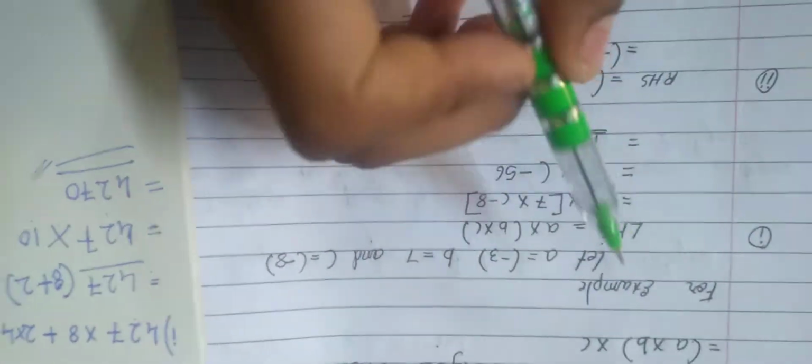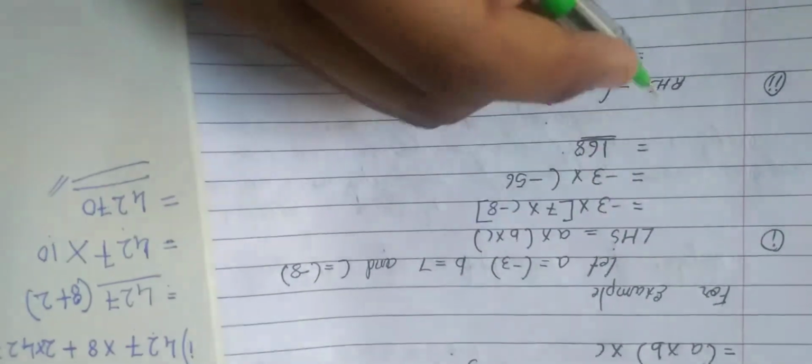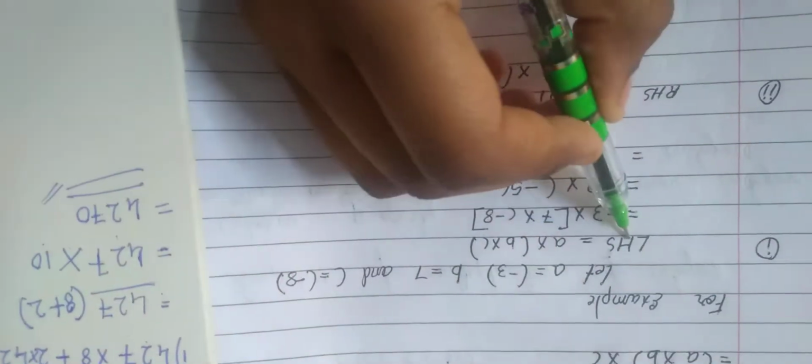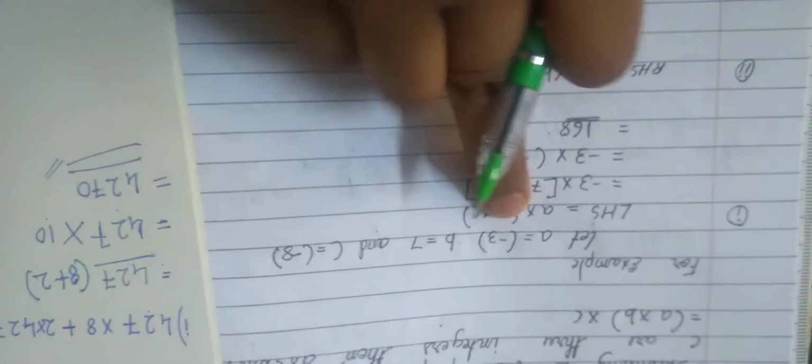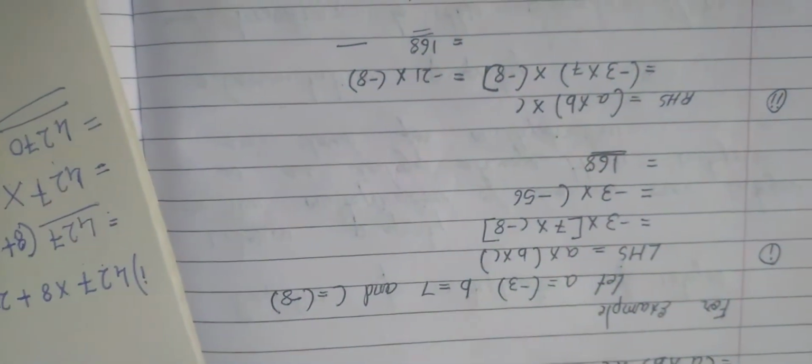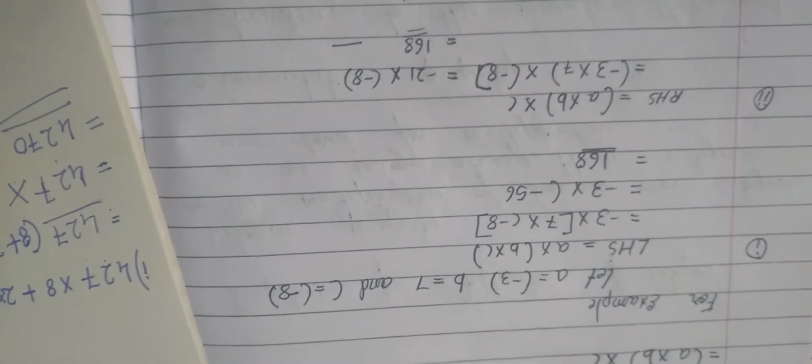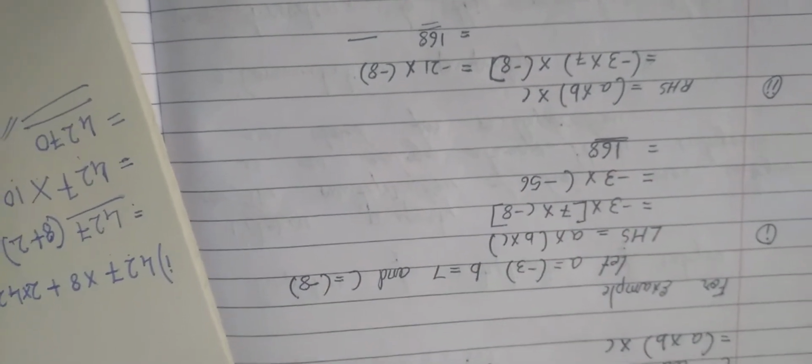So according to this, LHS means left hand side and RHS means right hand side. Here we have a into bracket b into c.